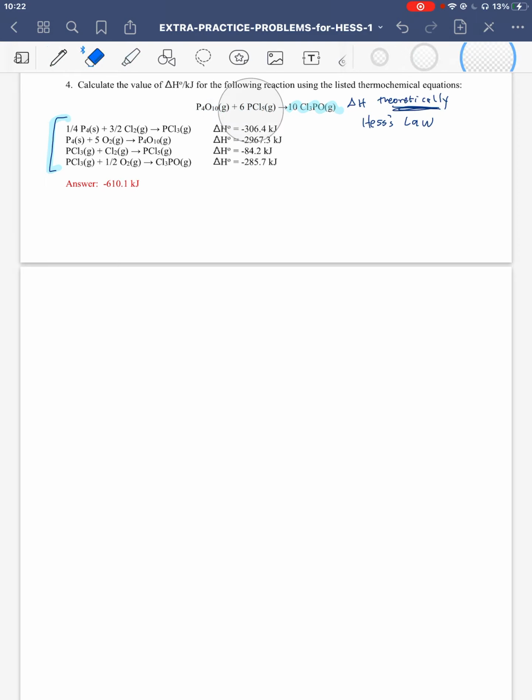All right, so I'm going to start by just figuring out where in my intermediates are parts of the overall reaction. So P4O10, where do I see P4O10? Right there, that's the only place. PCl5 shows up here. Awesome.